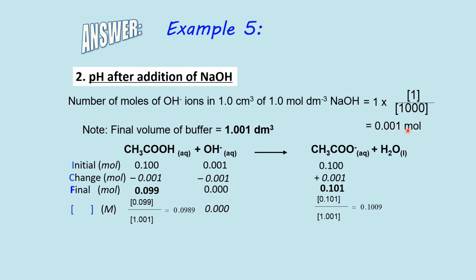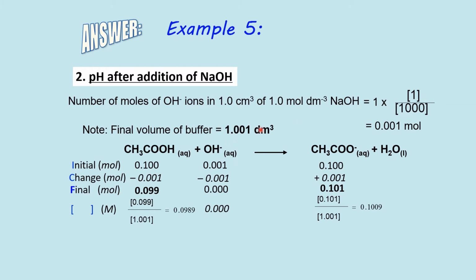Now we are going to apply the ICE table. Initial mole for the acid is 0.1. Why? Because the concentration is 0.1 molar and the volume of the buffer solution is 1, so MV per thousand, sorry, 0.1 times 1 equals 0.1 mole.